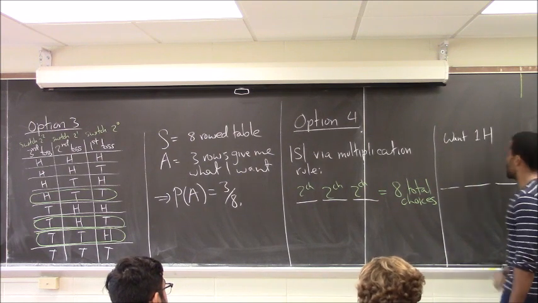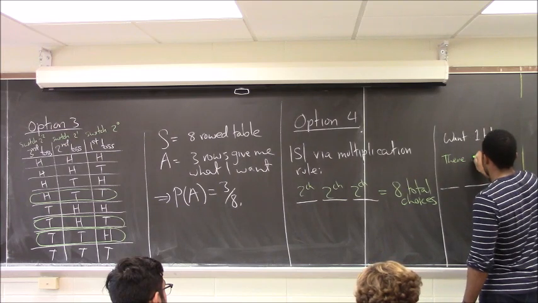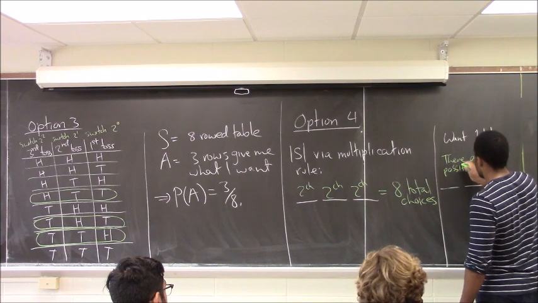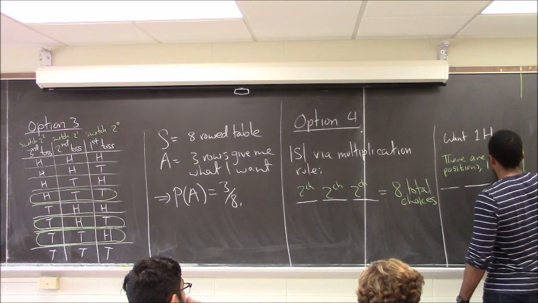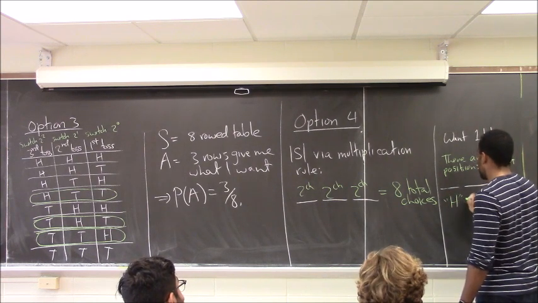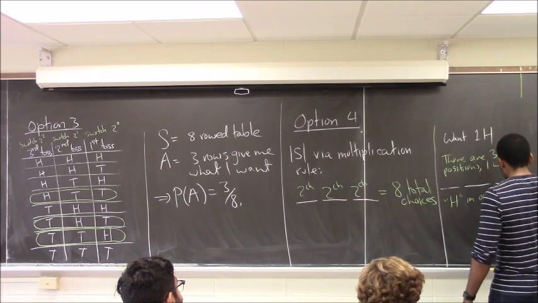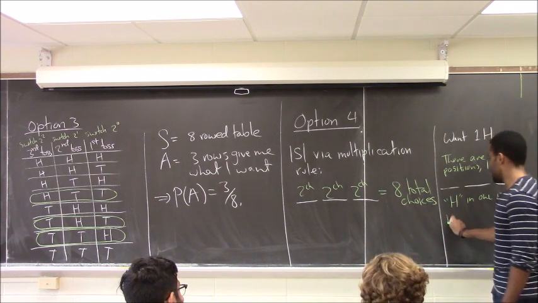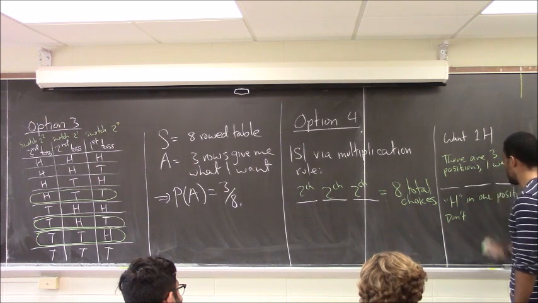What you would think, there are 3 positions. I want H in 1 position. Now the important thing is, you want H in 1 position, don't care about the order it comes in. I don't care if H is in the 1st or the 2nd or the 3rd position.